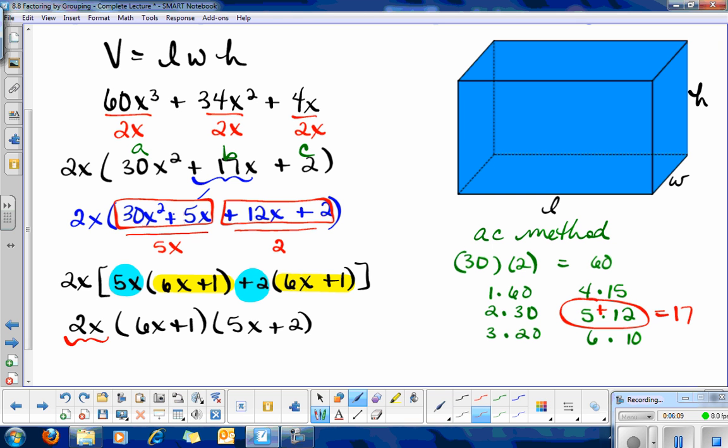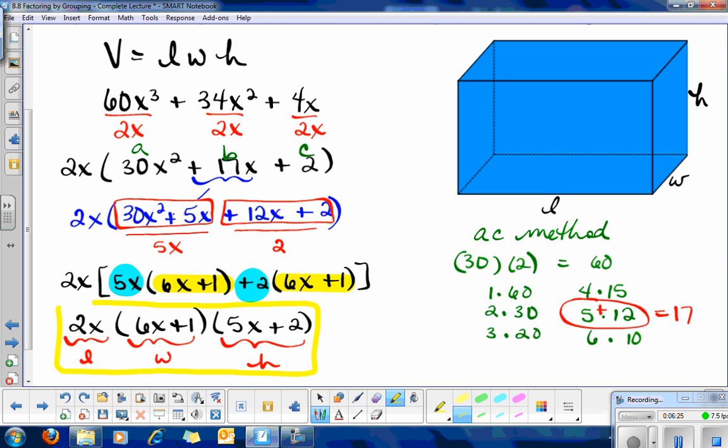This can be the length, this can be the width, and this can be the height. And there's your final answer. Right there. There you go.